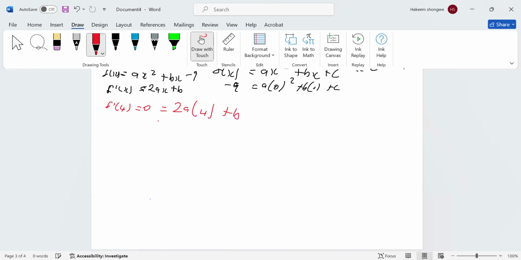So here 2 multiplied by 4 is equal to 8a plus b. Yes. So then this is equation 1.